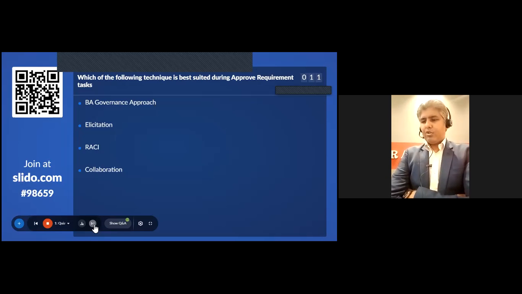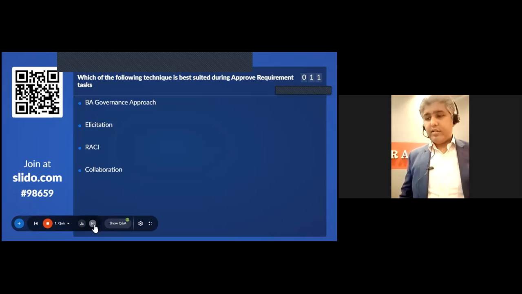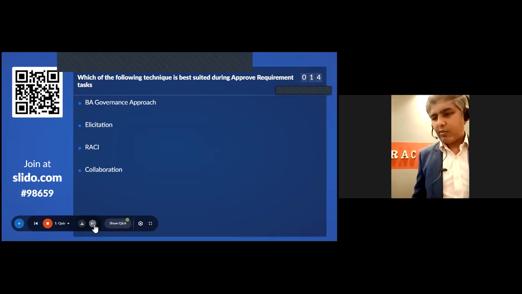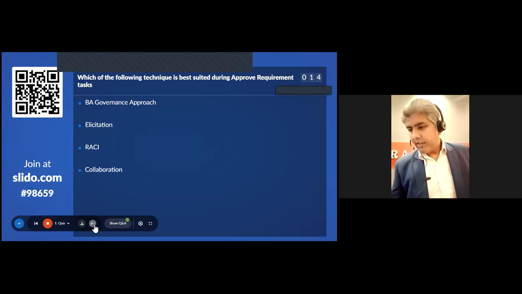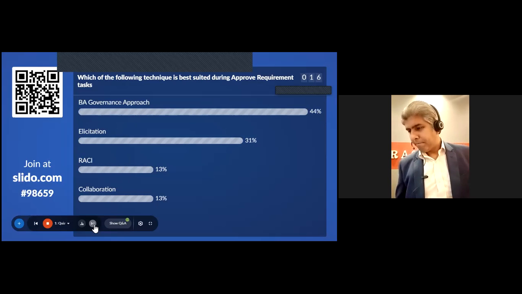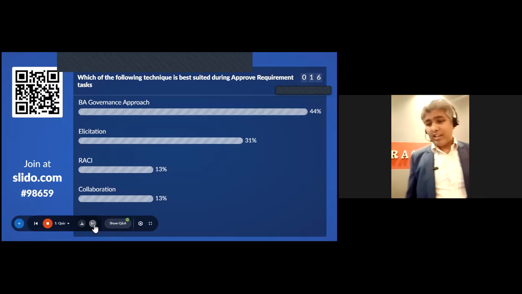BA governance approach, elicitation, RACI, collaboration. Which is best suited when you are performing the task of getting approval on the requirements? All right, 3 more seconds. 3, 2, 1. All right, thank you very much. Okay. So most of the people are saying it's BA governance approach, elicitation.